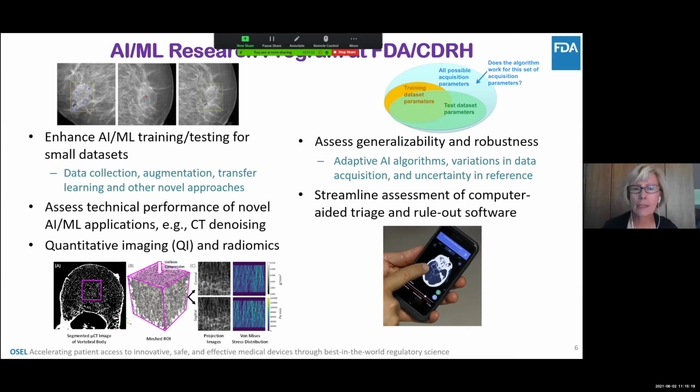I'm going to give you an example of the work that we're doing in CT denoising and quantitative imaging. I'm going to talk about work that we're doing to support the evaluation of generalizability and robustness of algorithms. And we have research efforts to streamline our assessment of CAD-T or rule-out software. I don't have a lot of time, so I'm just going to give you a handful of examples, and there are more that you can find by talking to me, my colleagues, or looking at our website.